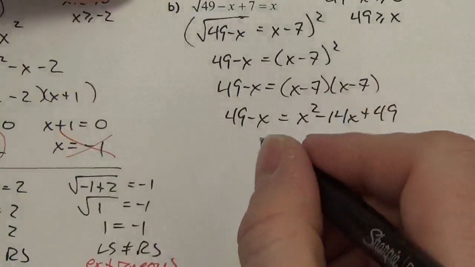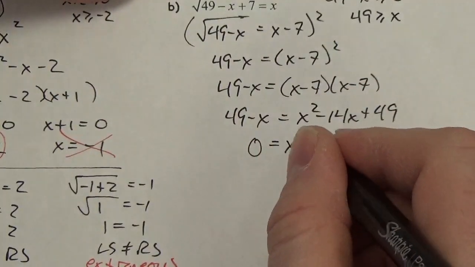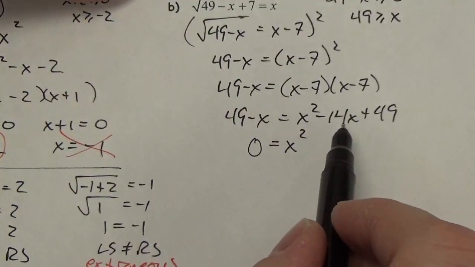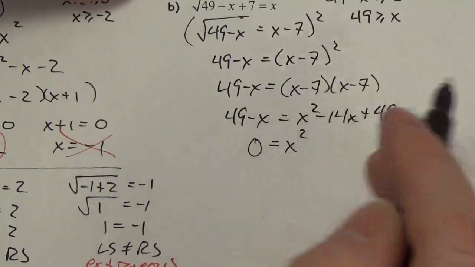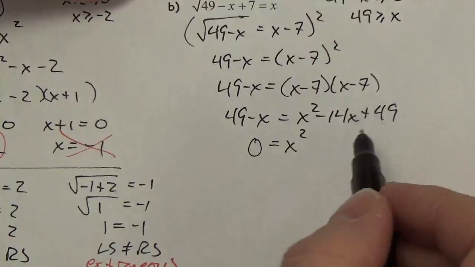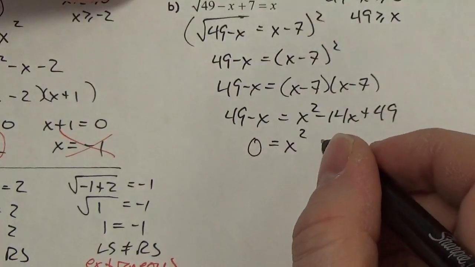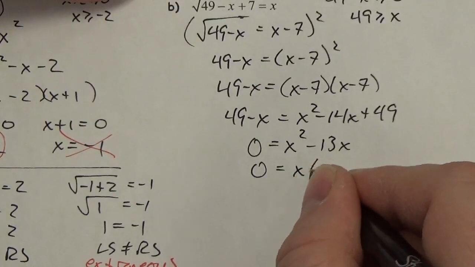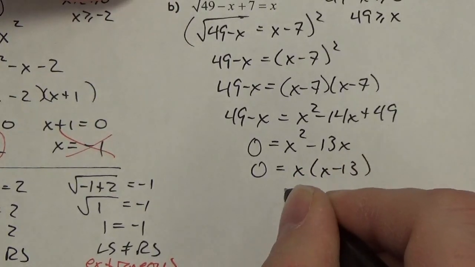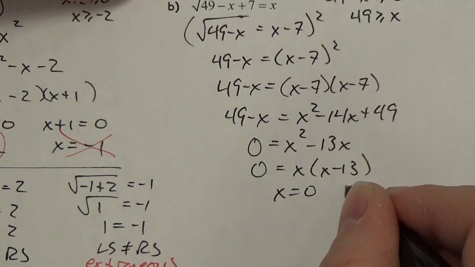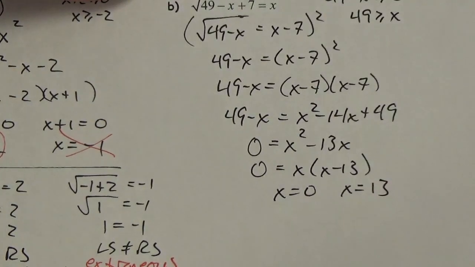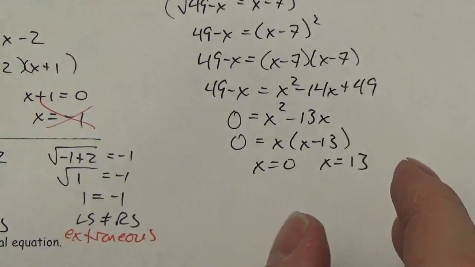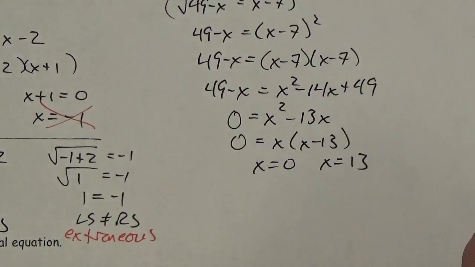Now bring those terms over. And again, if you're wondering where that negative 14 came from, just make sure that you're foiling that out, if you want to think of it that way. Now the 49s are going to cancel. I'm going to bring that x over, so I'm going to get x squared minus 13x. I'll factor that just like I do with every quadratic if I can, and I'm either going to get 0 or 13. Now, both of those numbers are less than 49.